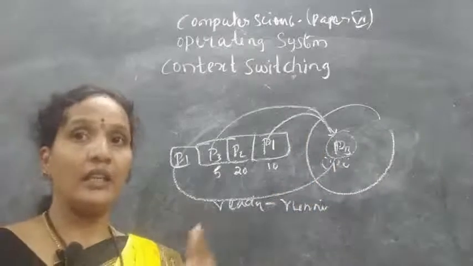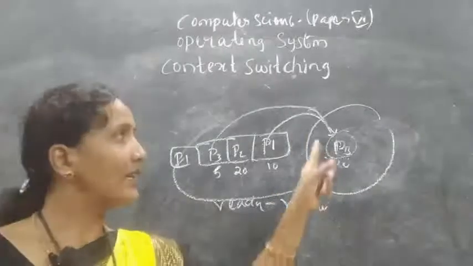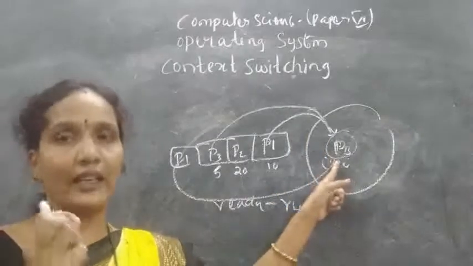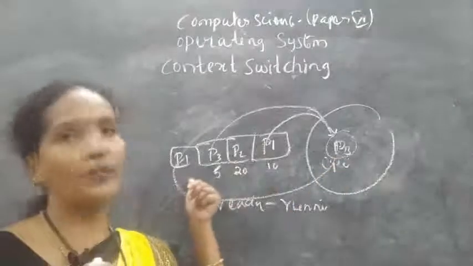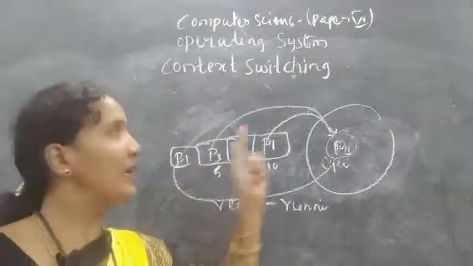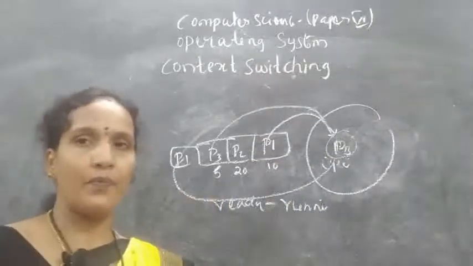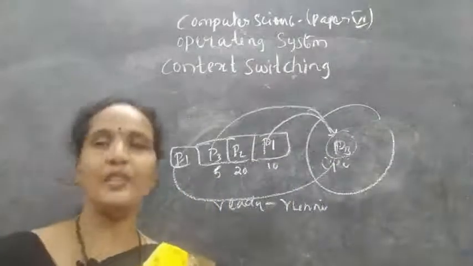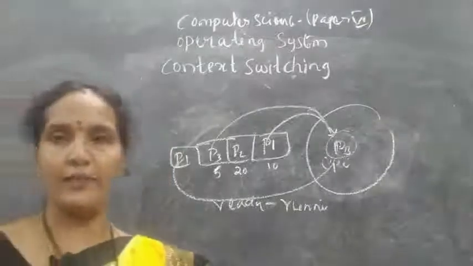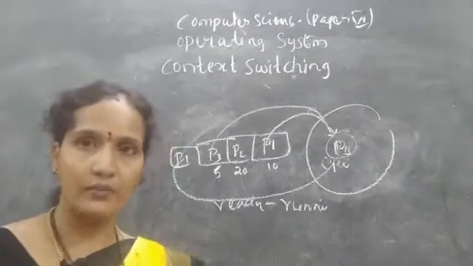So when the kernel is moving a process from the running state to the ready state, it should save the current status, the current context, of the process which it is moving from the running state to the ready state. And it should load the context of the new process, which has more priority. Understood all of you?